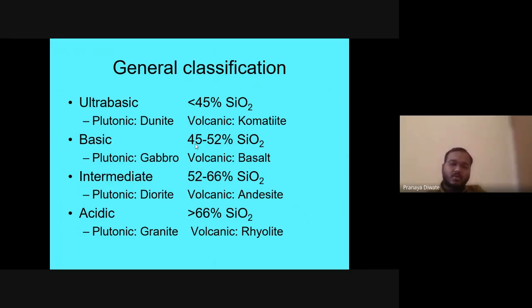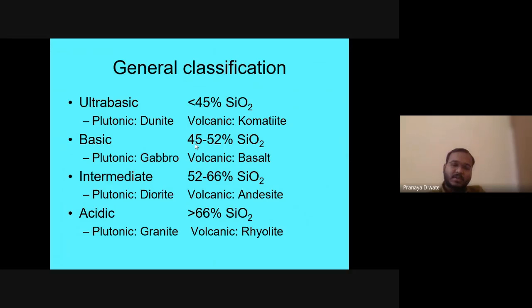This classification is basically on the basis of silicon oxide. Ultrabasic is less than 45%. Basic is 45 to 52%.